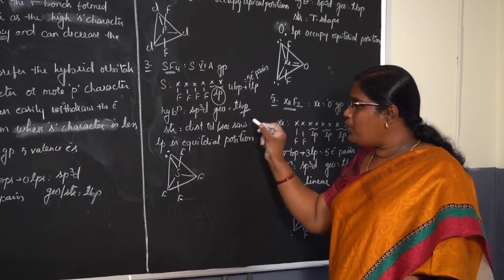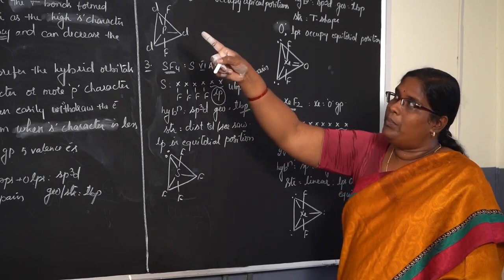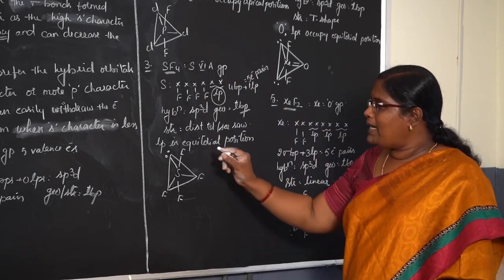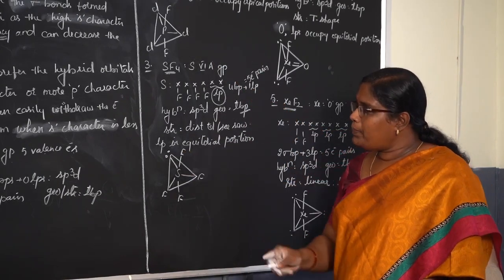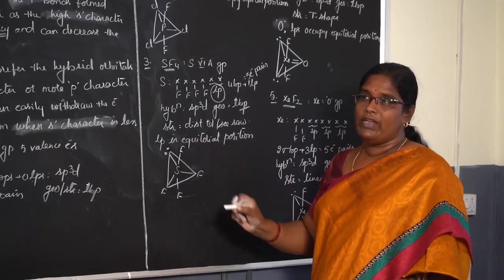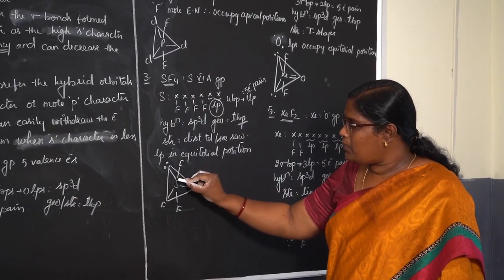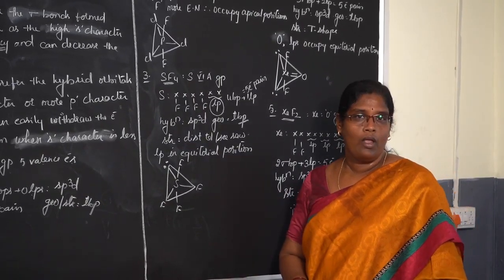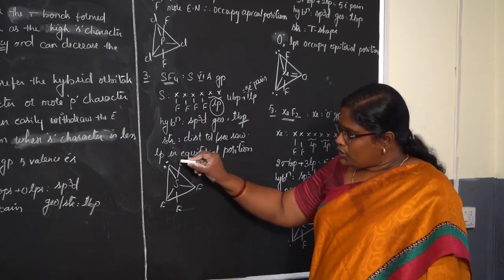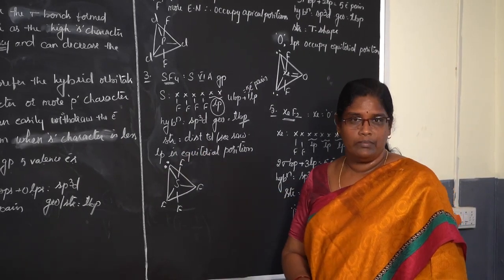And what should be the position of that lone pair? Again we should apply Bent's rule. Bent's rule says that the lone pair should occupy the hybrid orbital with more s character, that is the equatorial position. So here the lone pair is present in the equatorial position.